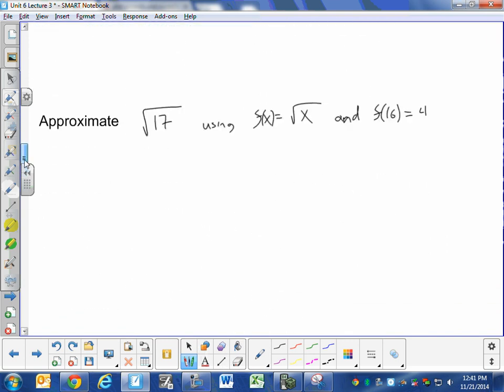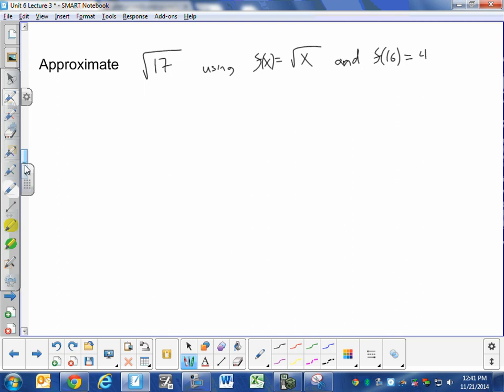Well, we can use these tangent lines to approximate square roots of numbers that are not easy to do, like the square root of 17. I don't know what the square root of 17 is. I know that it's a little bit bigger than 4. I know that it's going to be less than 5, but let's get a good approximation.